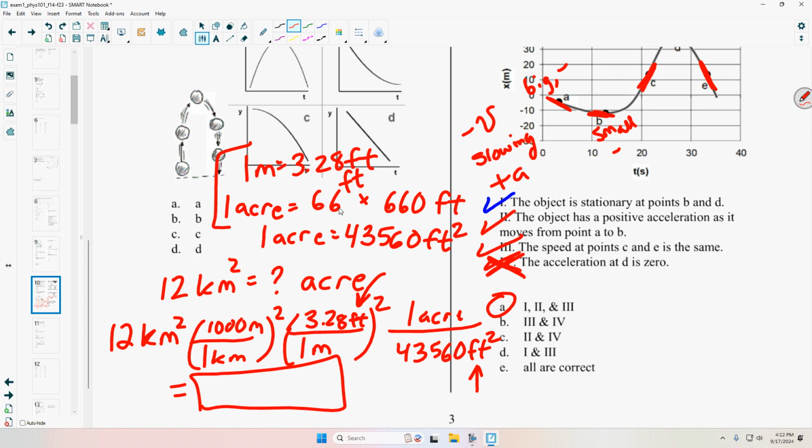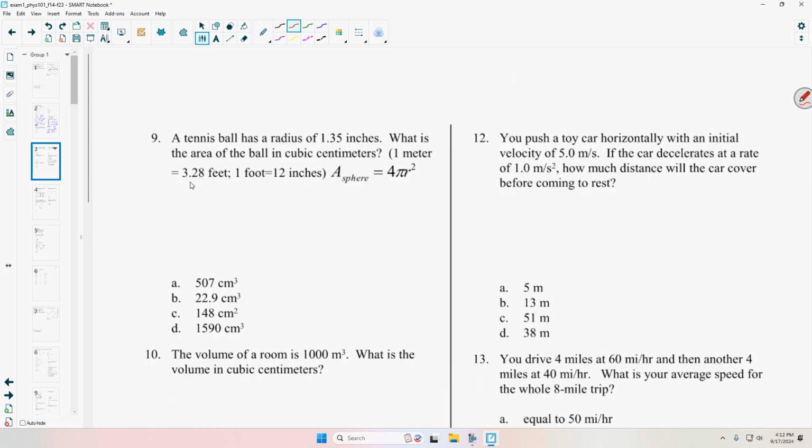Yeah, Maynard. Number 9 on fall 23, the answer of 148, is there a reason that was squared, not used? The answer? Number 9. No, it should have been. All of them should have been centimeters squared.